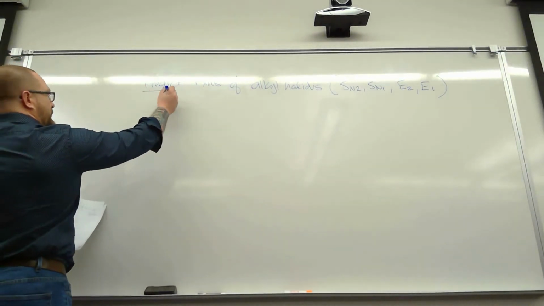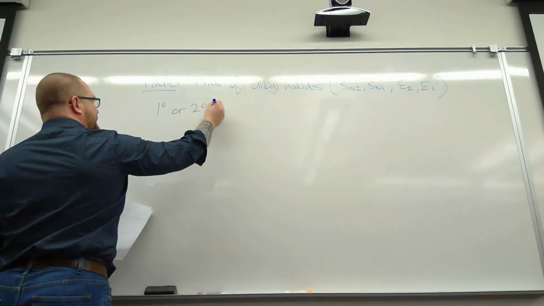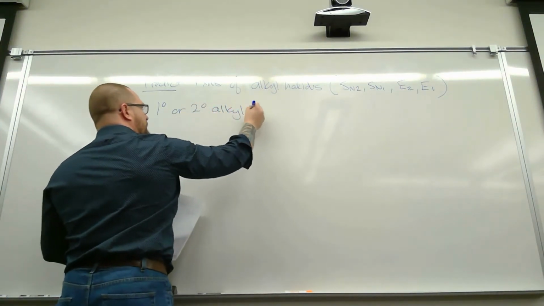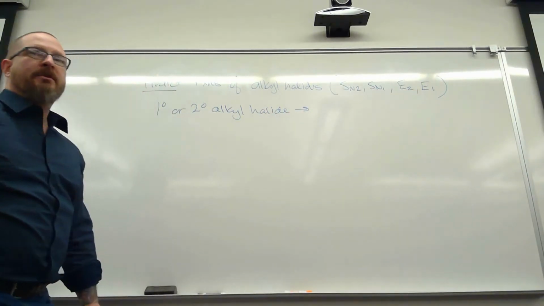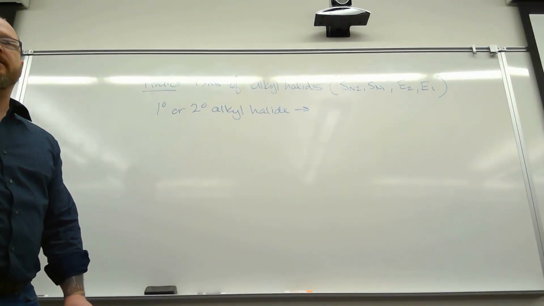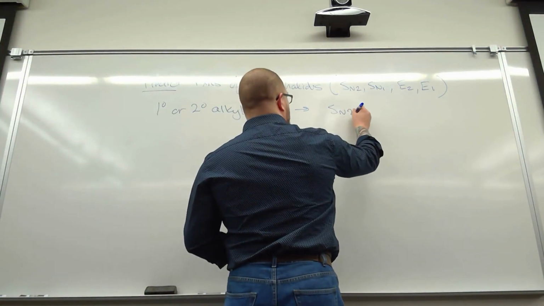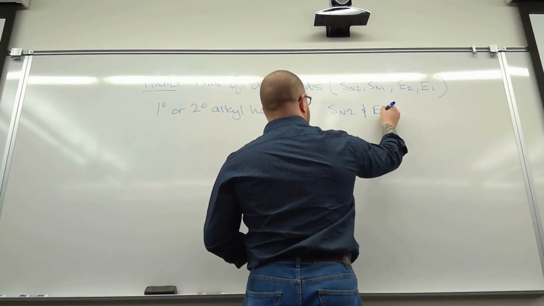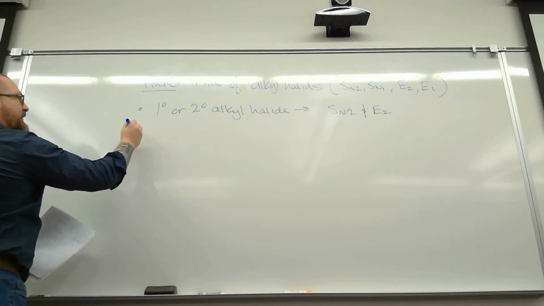So generally, if you have a primary or secondary alkyl halide, what are your 2 reactions that can occur? SN2 and E2. So this is big picture stuff.